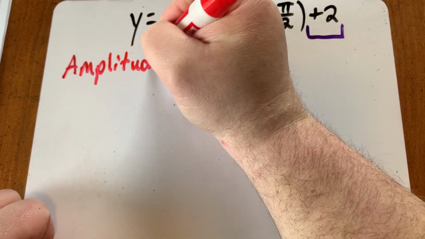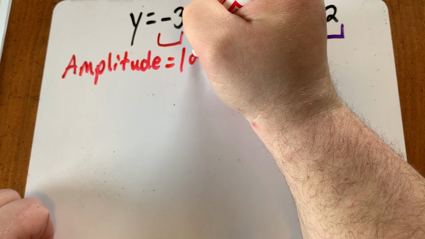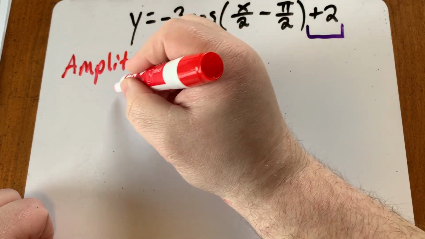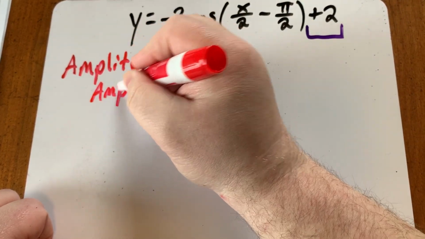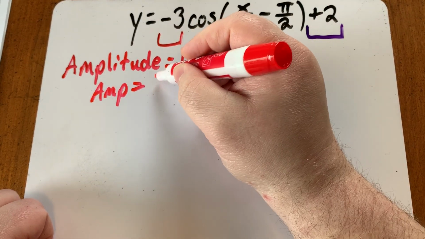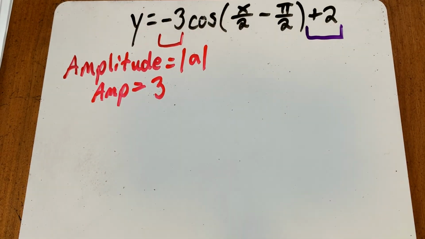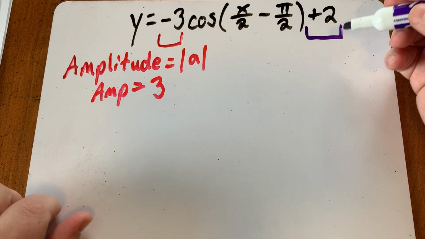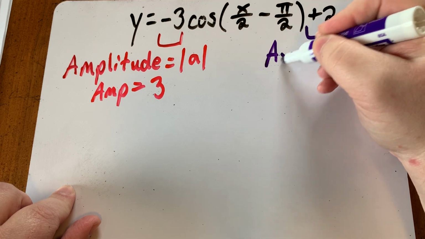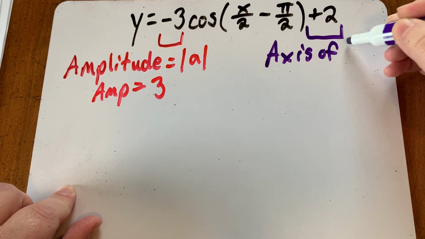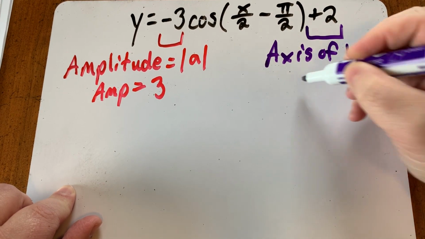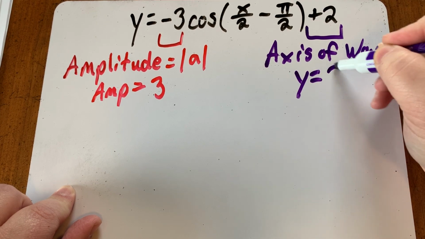Our amplitude is always the absolute value of A. So in this case, the amplitude is the absolute value of -3, which is 3. Our K tells us our axis of the wave. So in this case, our axis of the wave is y equals 2.